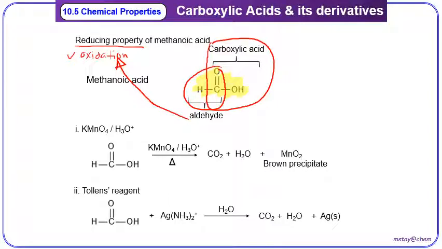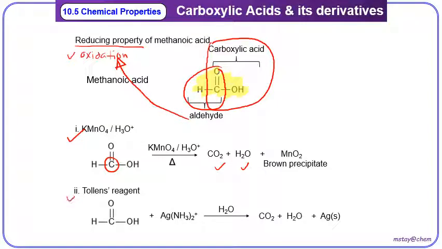So let's recall back in the chapter on carbonyl compounds. Aldehyde can react with KMnO4 to form carboxylic acid. But because this one is already a carboxylic acid, it will form carbon dioxide and water.